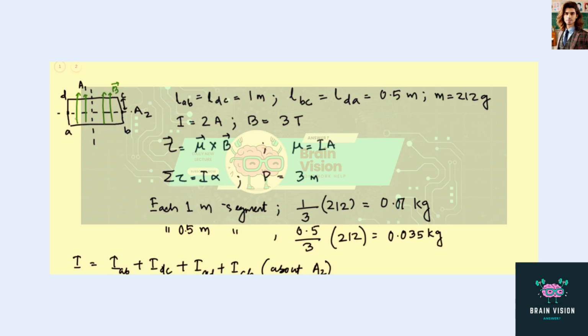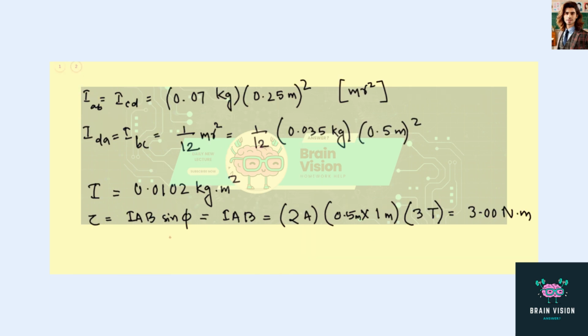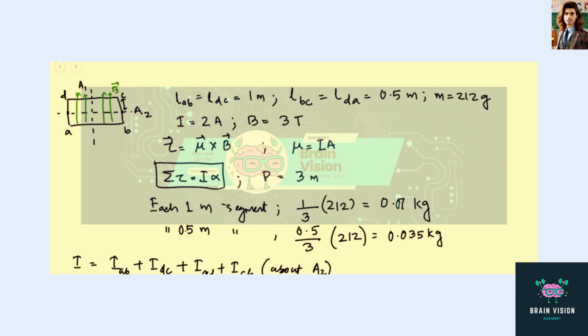Now we can use this equation over here. This is the total torque we found, because the rest of the torques are basically zero, like the torque about A1 is zero. So we are summing up the torque for it.